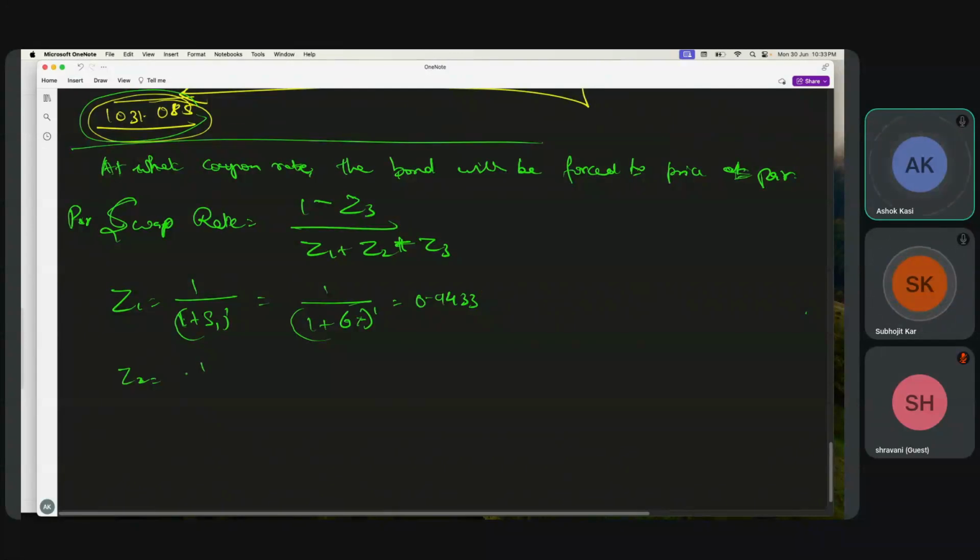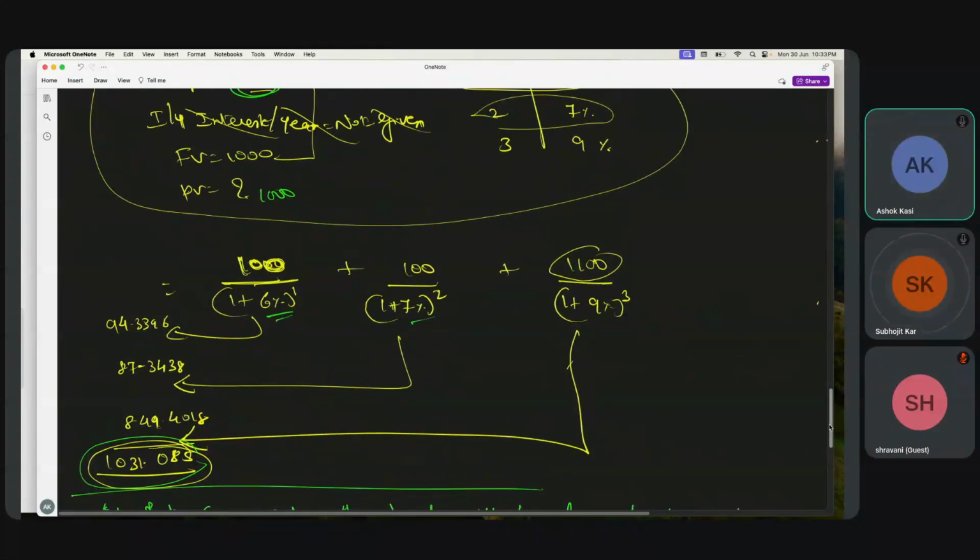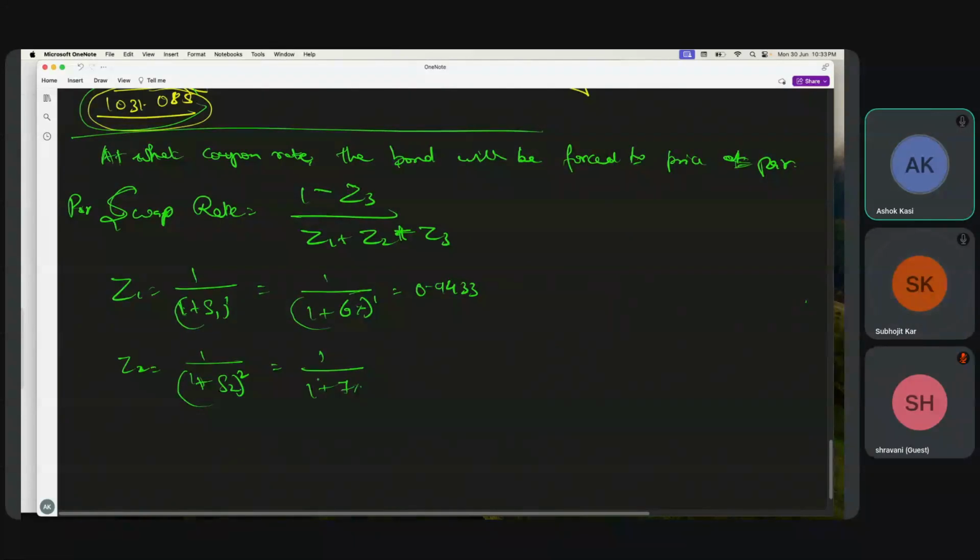Now Z2 is the inverse of the 2-year spot rate, which is 7%, raised to 2. It's 0.8734. I will also prove this formula, so don't worry, I will show why it is like this.